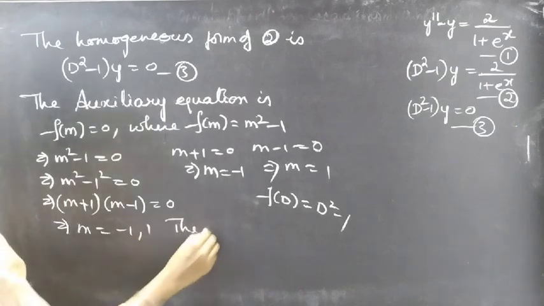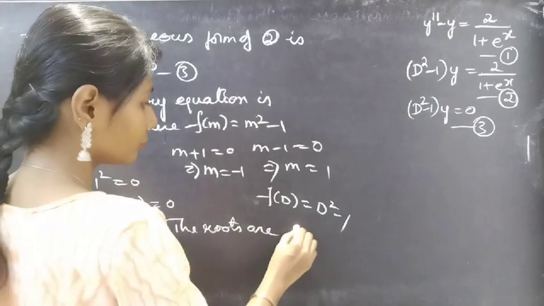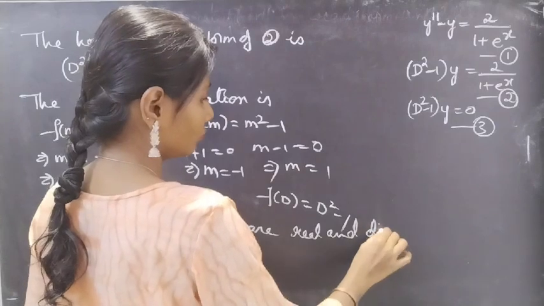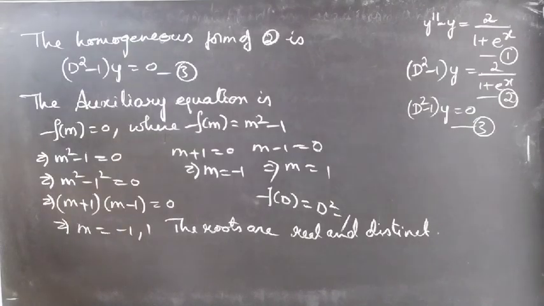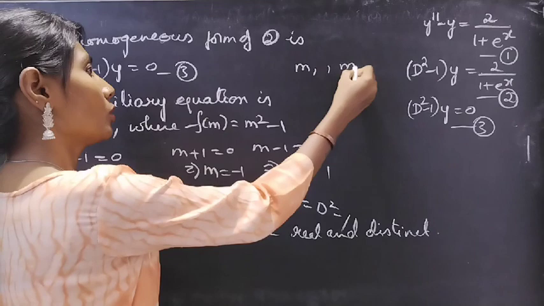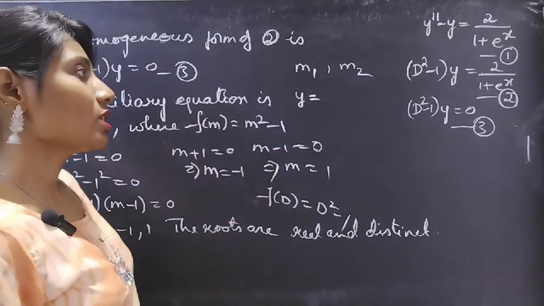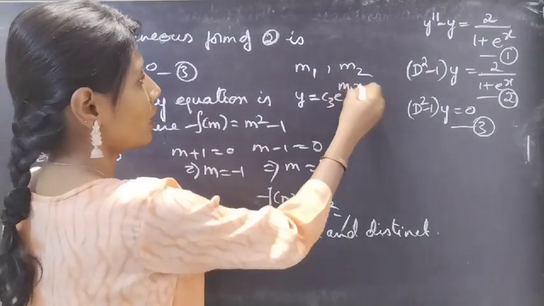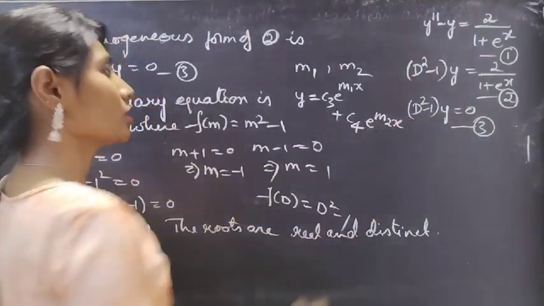So m equal to minus 1, 1 are the roots of our auxiliary equation. Therefore, the roots are real and distinct. And we know that if two roots, say m1 and m2, are real and distinct, then the solution of the homogeneous equation looks like y equal to some constant into e power one root into x plus another constant into e power another root into x.